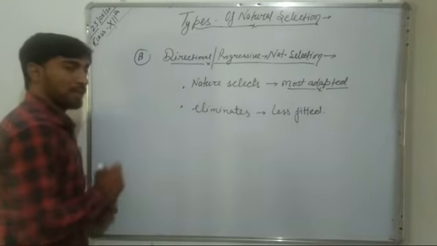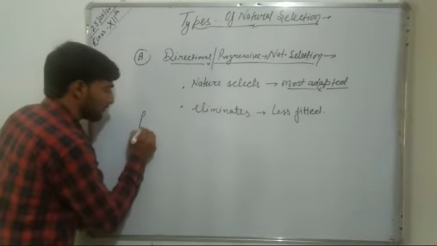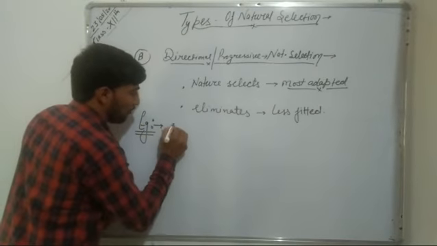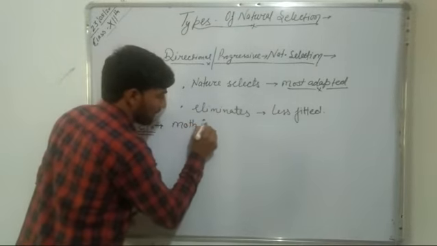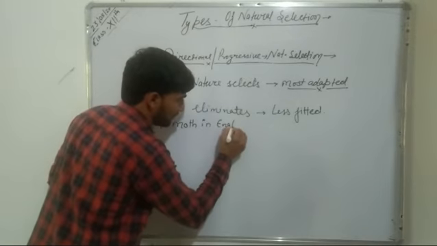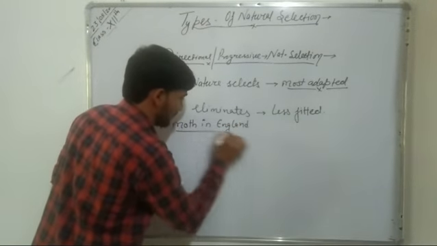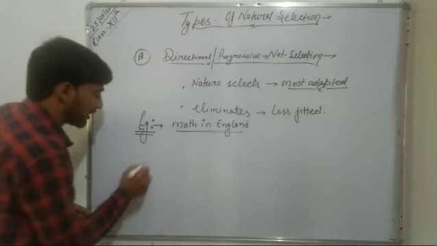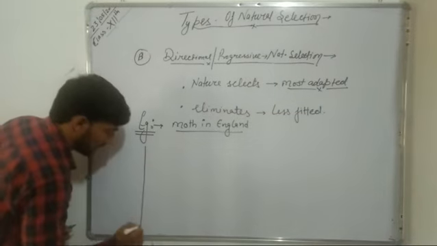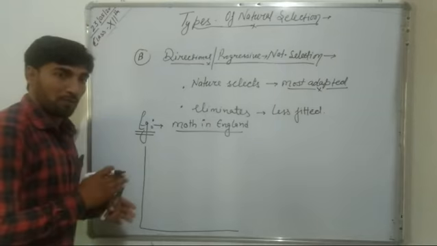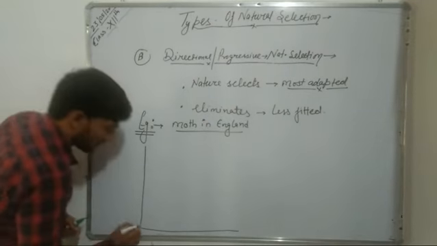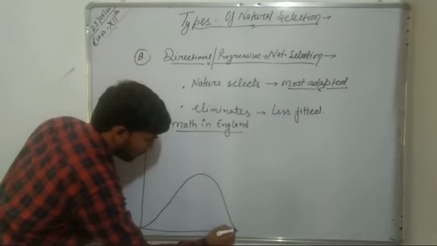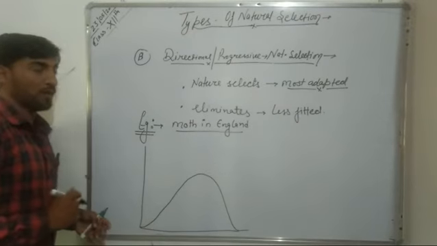Now we will discuss this directional or progressive natural selection by taking an example of moths in England. So what happened in England? Before industrialization, when the environment was free from pollution, at that time the population of grey moth was much larger in comparison to the black moth.